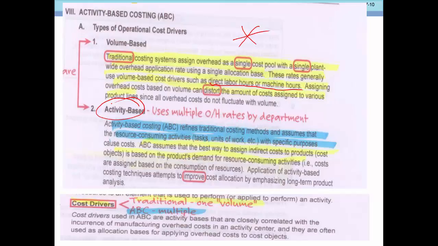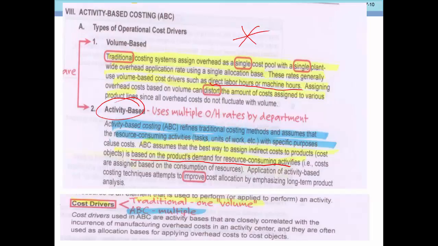Activity-based costing refines the traditional cost method and assumes that resources are consumed by activities with a specific purpose, and ABC assumes the best way to assign indirect costs is based on the demand for resources by activities. So we're going to see what activities are specific to a particular product. We're going to then come up with the rates for those activities, and then we assign the cost to those products based on the amount of that particular activity they use.